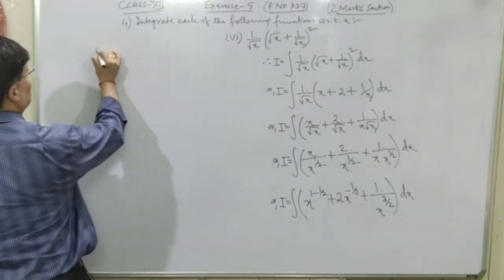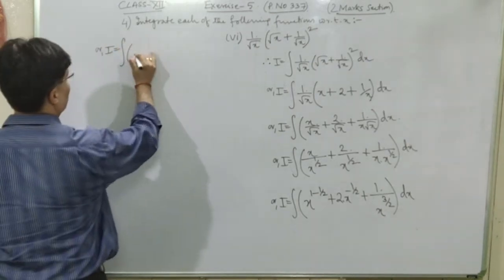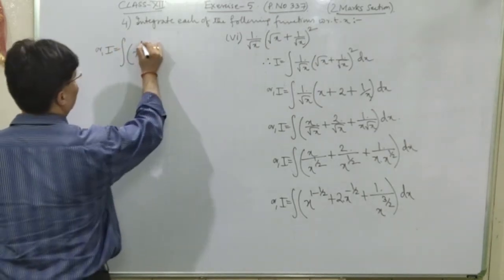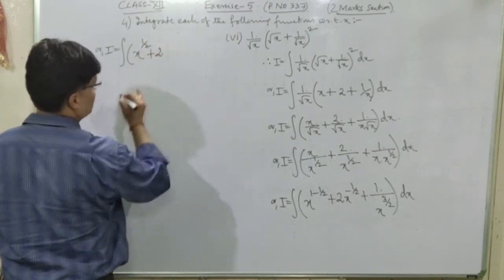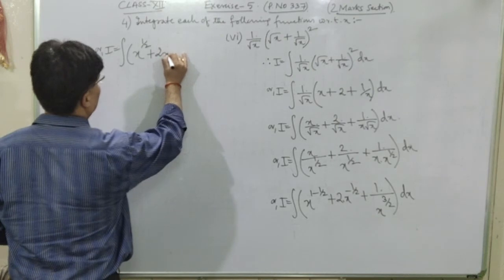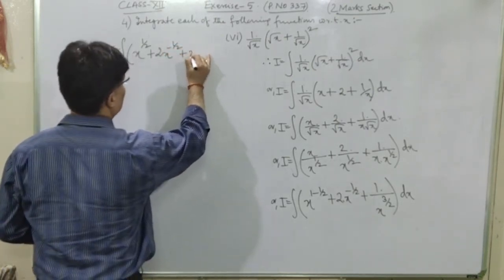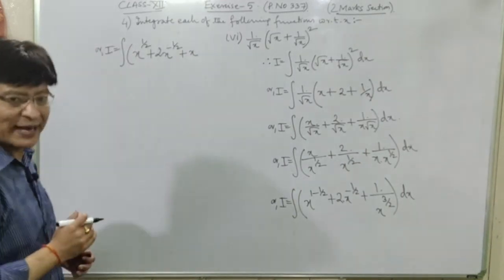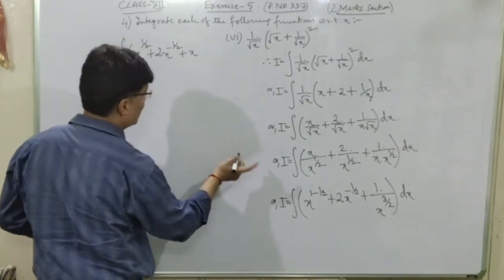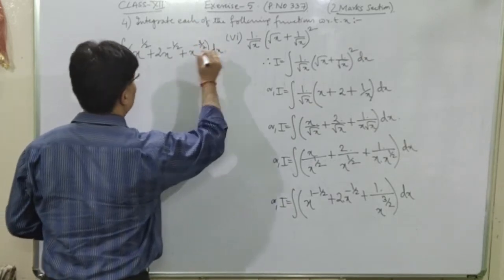Or I is equal to integration of within bracket x to the power, what is 1 minus half? Half, right? Plus 2, this is x to the power minus half, plus x to the power what? When this x goes up in the numerator it becomes minus, isn't it? x to the power 3 by 2 going up becomes x to the power minus 3 by 2, then you should write dx.